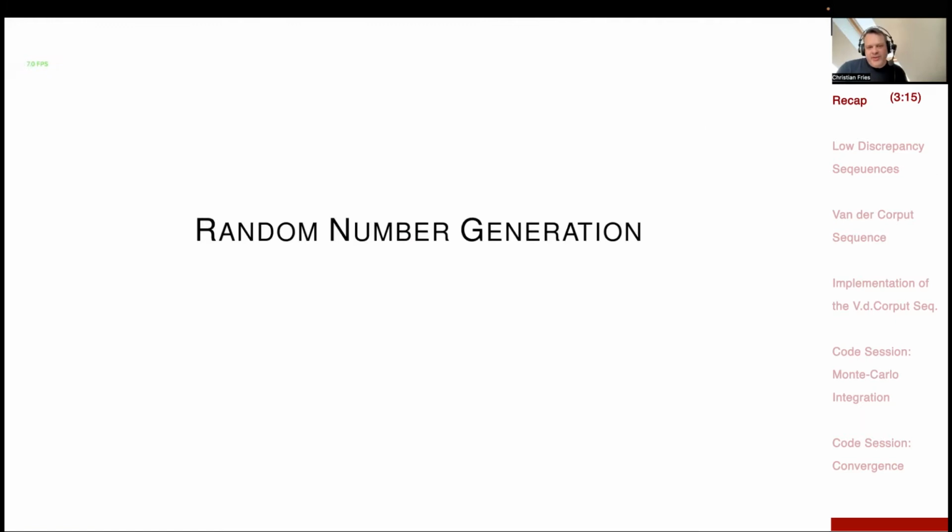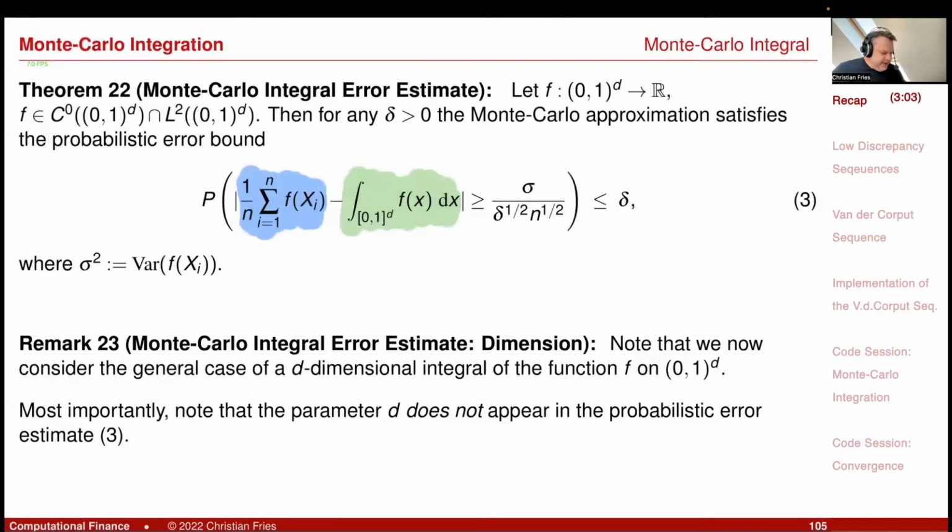We then introduced, in our section on random number generation, a property for the sequence. Why random numbers? This is formulated in terms of random variables, but when we apply it in a computer, we just generate drawings.